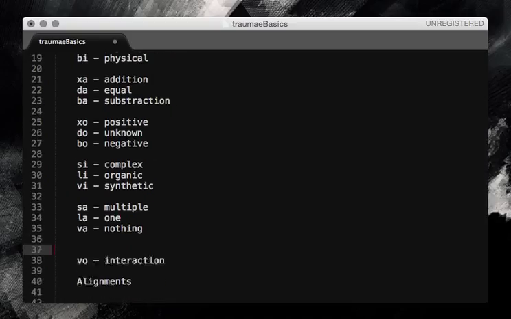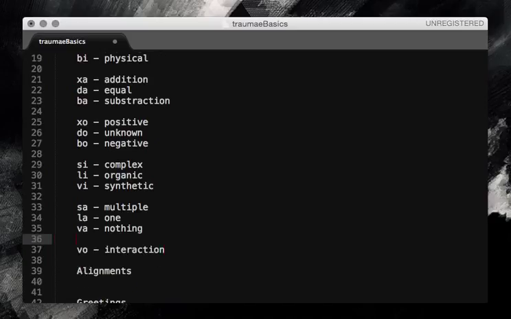So for the last letter, it's the interaction letter. This is a bit strange, but so sa la, sorry, solovo, solovo. So is I guess thoughts, communication, but non-verbal, non-active communication.